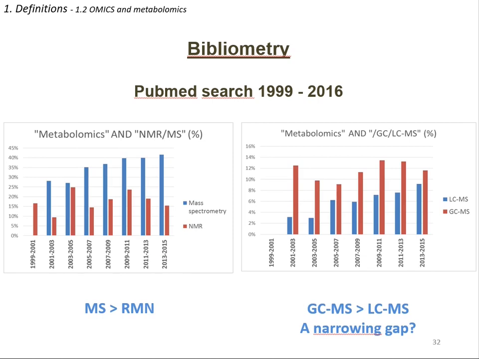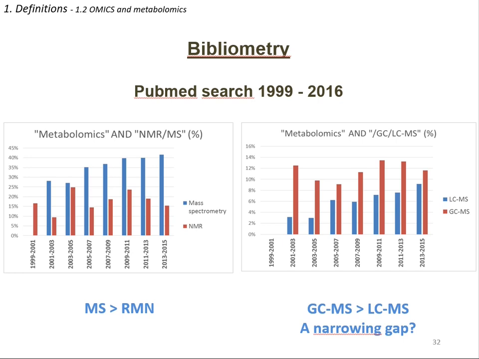We can also look at the different tools that can be used, so a combination of the word metabolomics and either NMR or mass spectrometry. We see that both mass spectrometry and NMR are still very useful in metabolomics. Maybe we see an increase in mass spectrometry occurrence, mostly, I think, because many labs in the field of medical research have invested in mass spectrometry when before they were more at ease with NMR.